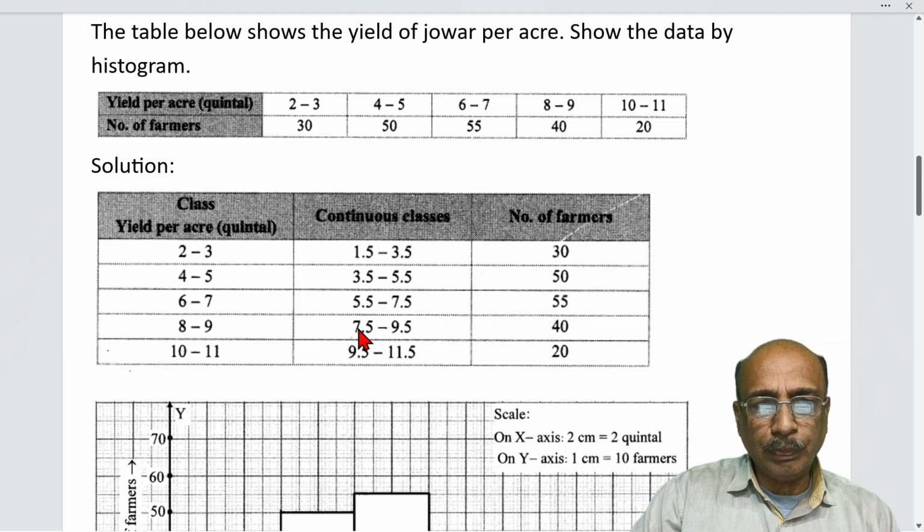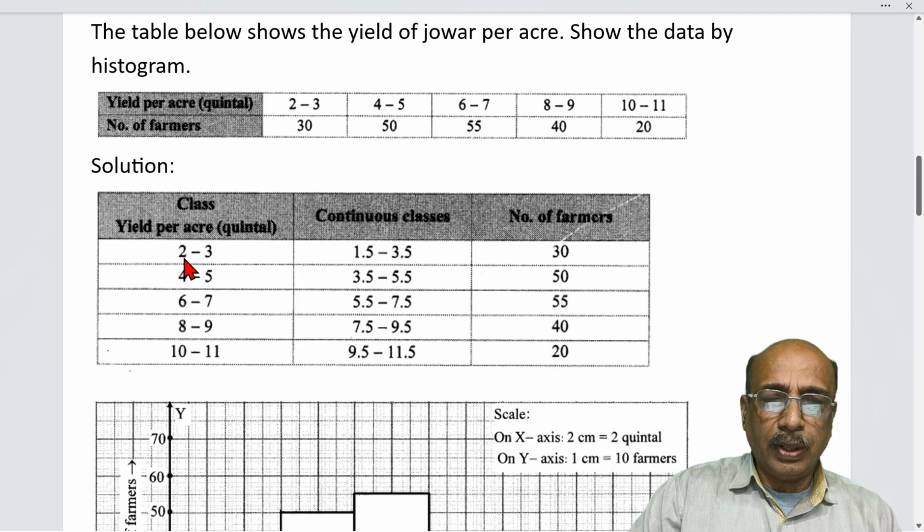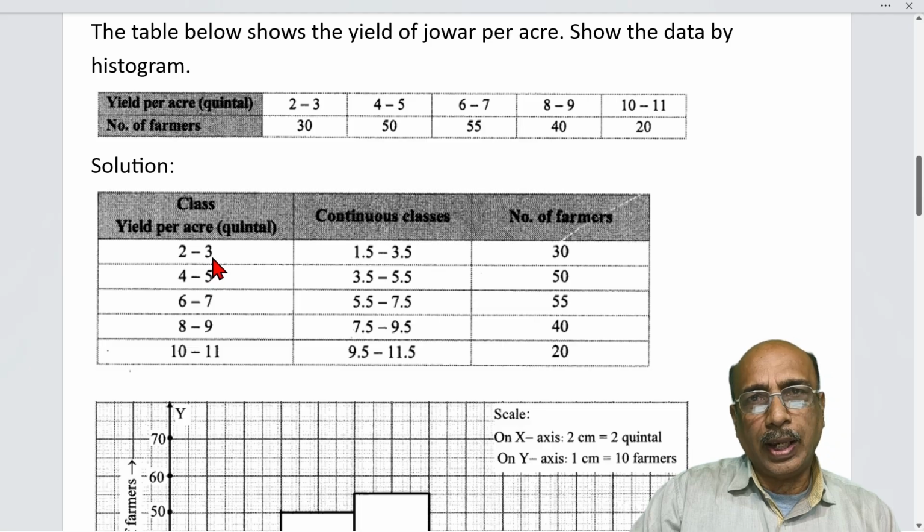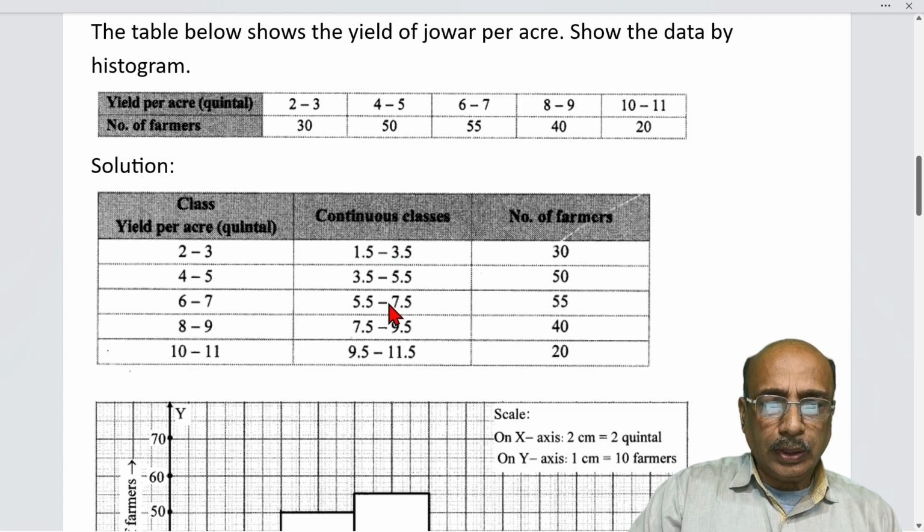As you know, from the lower limit we subtract 0.5 and to the upper limit we add 0.5 and make the class continuous. So here the classes are continuous, with the number of farmers.